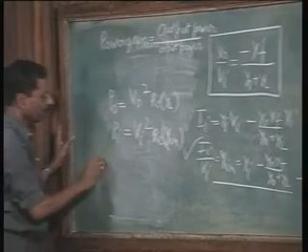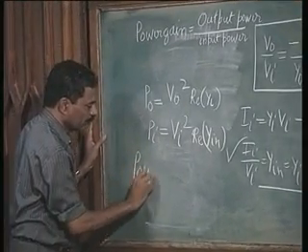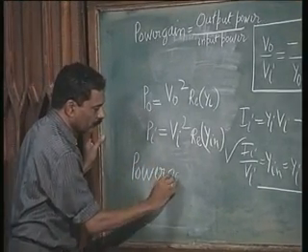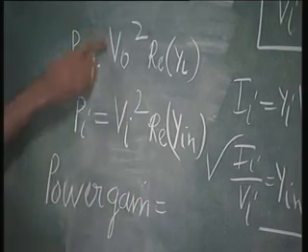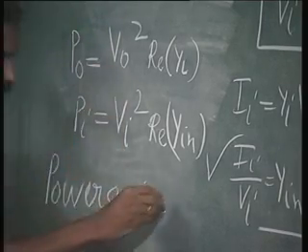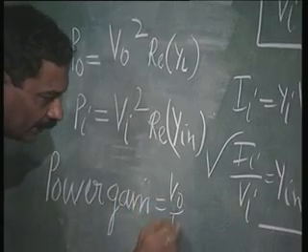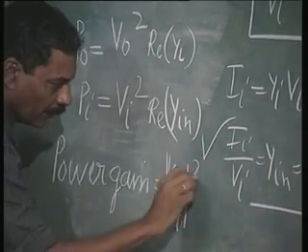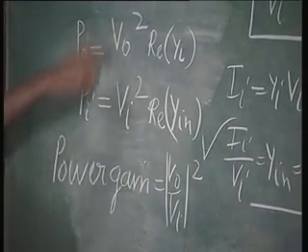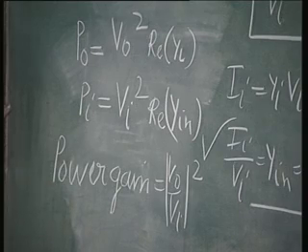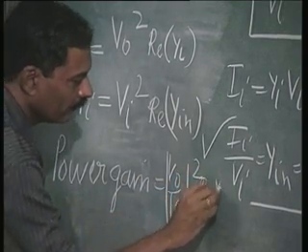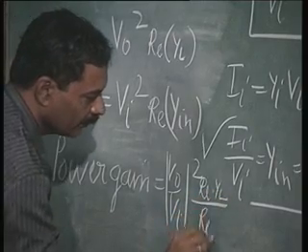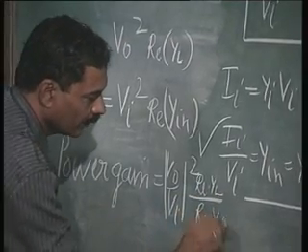So, power gain therefore is the ratio of these two, that is voltage gain V naught over Vi squared into real part of YL by real part of Y in.